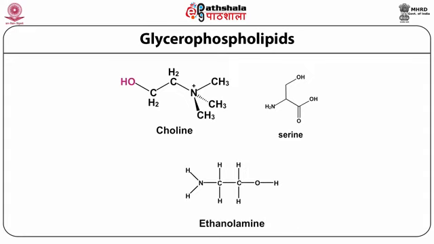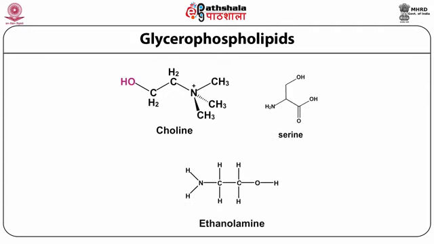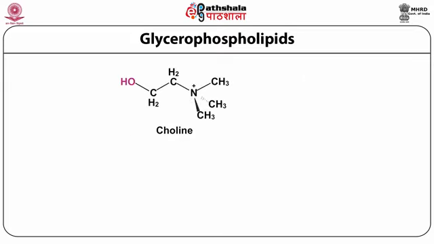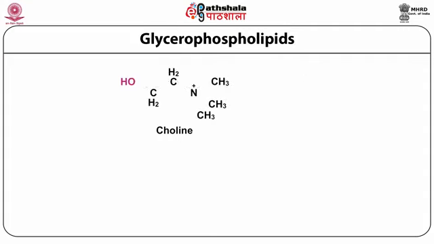Generally, fatty acids at C1 are saturated C16 or C18 fatty acids. At C2, fatty acids are often unsaturated fatty acids of C16 to C20 chain length.